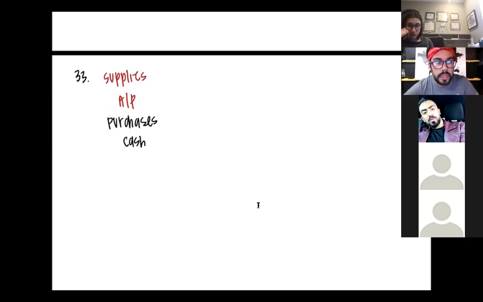So what does that do to my assets? Will they be understated or overstated if they fail to record the purchase of this inventory? I think it would be understated. Understated? How come? Because they forgot to record supplies.